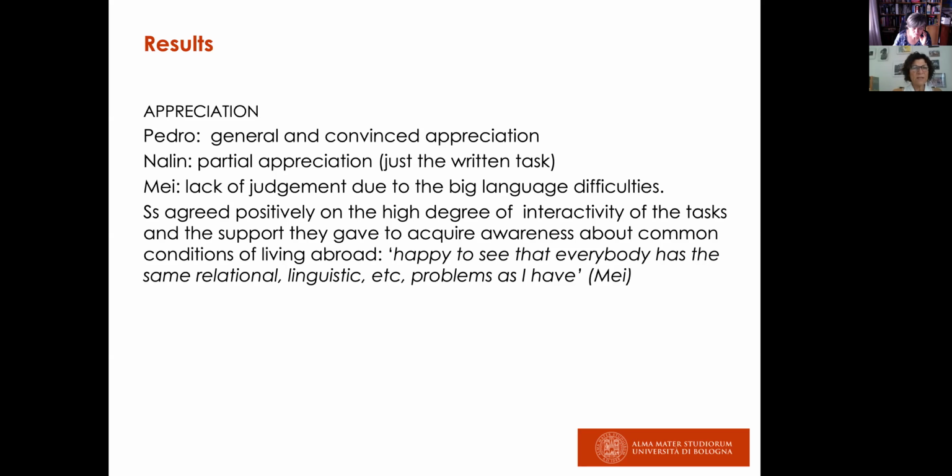The 3 students anyway agreed positively on the high degree of interactivity of the task and the support they gave to acquire awareness about the common conditions of living abroad, as in the words of May, happy to see that everybody has the same relational linguistic problems as I have.